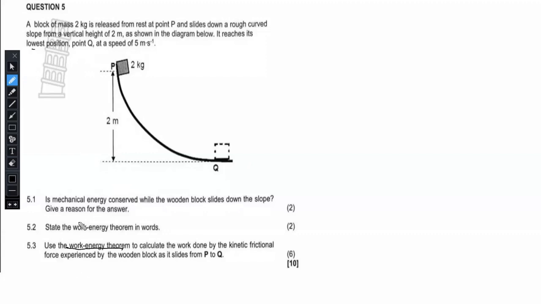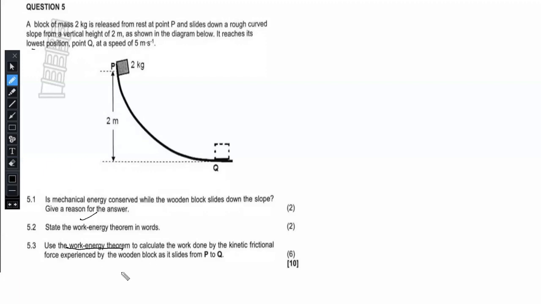So note that they just made us define the work energy theorem, and then just below we are told to use the work energy theorem, right? So in other cases, if they ask you to define the non-conservative force, then in a question below, you are much more likely to use that formula for calculation.